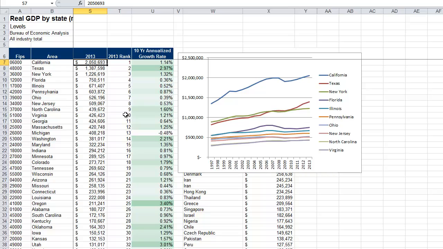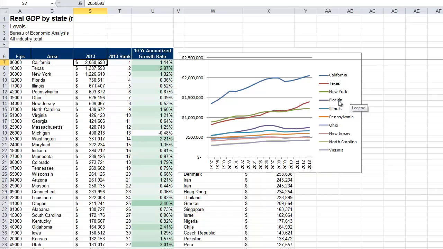It is one of the leading economic drivers of the United States, and it could stand on its own. It's large as far as population, and it's large as far as the amount of output that it puts out. And here you can also see what's going on with Texas, New York, Florida, Illinois. These are the top 10 states as of 2013 by real GDP.